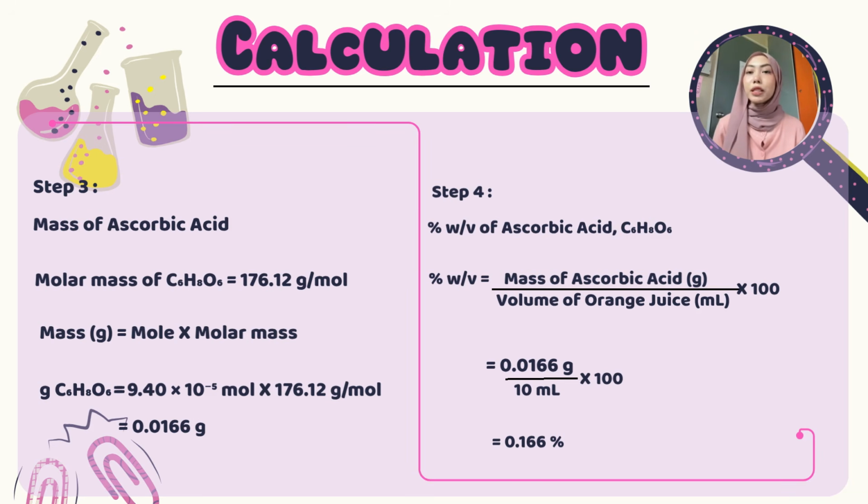This gives a mass of 0.0166 grams. Finally, the percentage of ascorbic acid was calculated by dividing the mass of ascorbic acid by 10 milliliters of orange juice and multiplying the result by 100. Therefore, the orange juice sample contains 0.166% weight per volume of ascorbic acid.